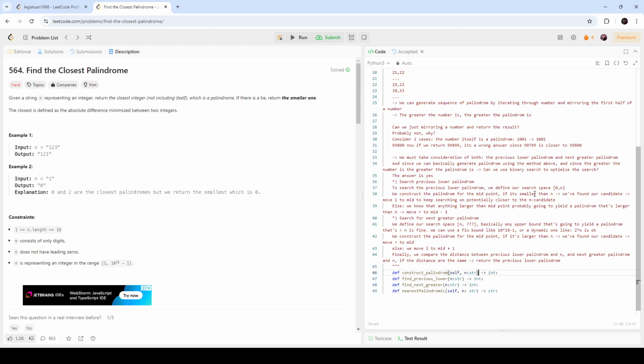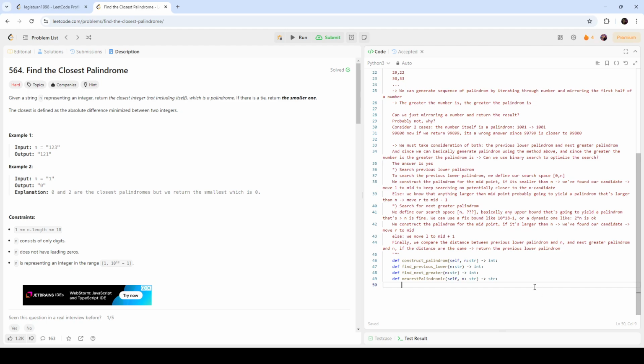Okay, so now for this one, we're going to call two variables. The previous lower palindrome is equal to self.find previous lower, and the next greater palindrome is self.find next greater.